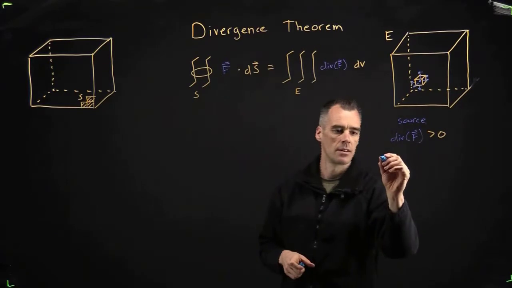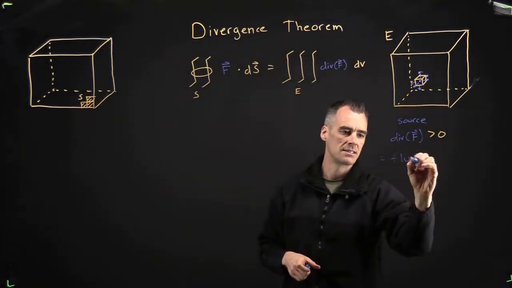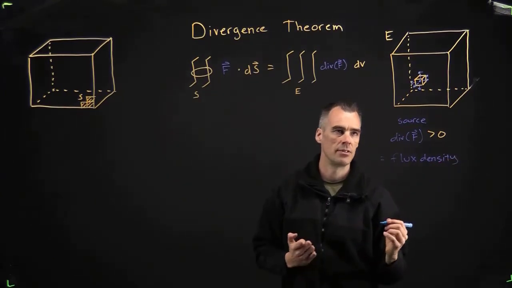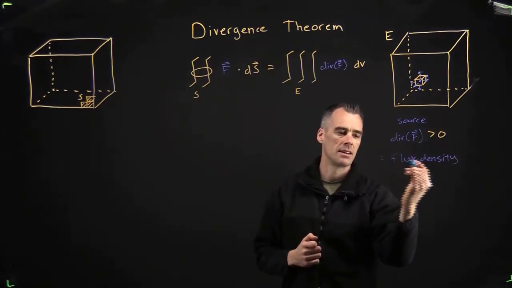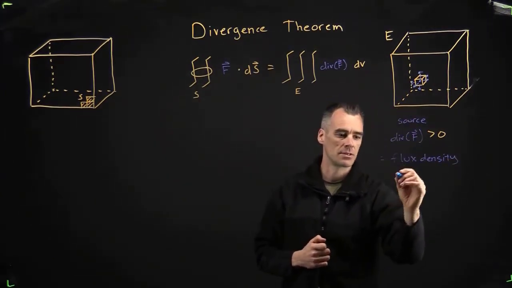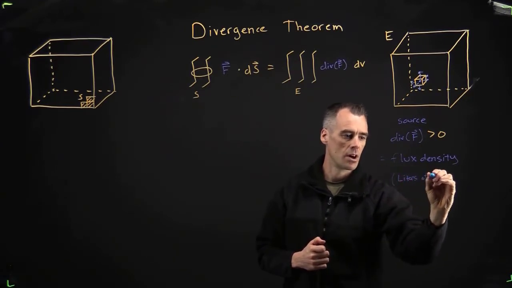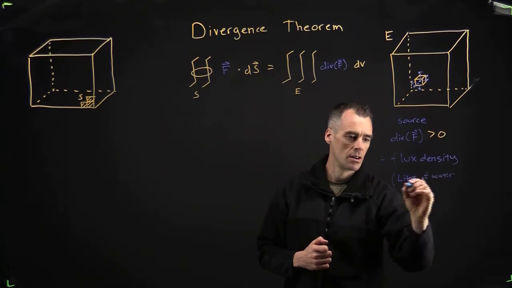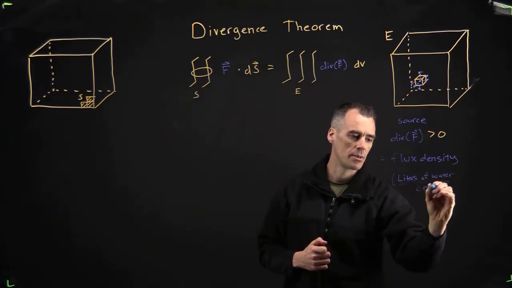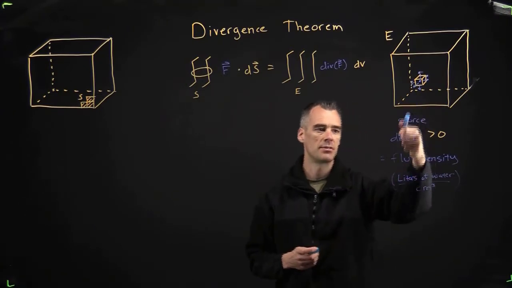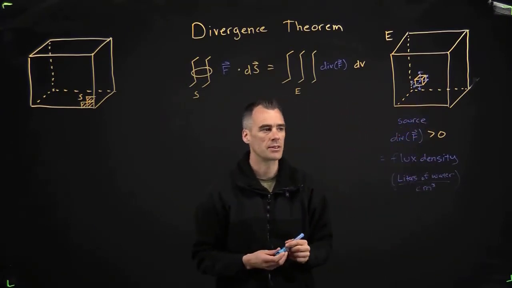It's a flux density. So if we think of this in terms of units, it's a flux density in three space, so in this case, say, liters of water per centimeter cubed of volume. That might be the type of units we'd see for the divergence of our vector field F.